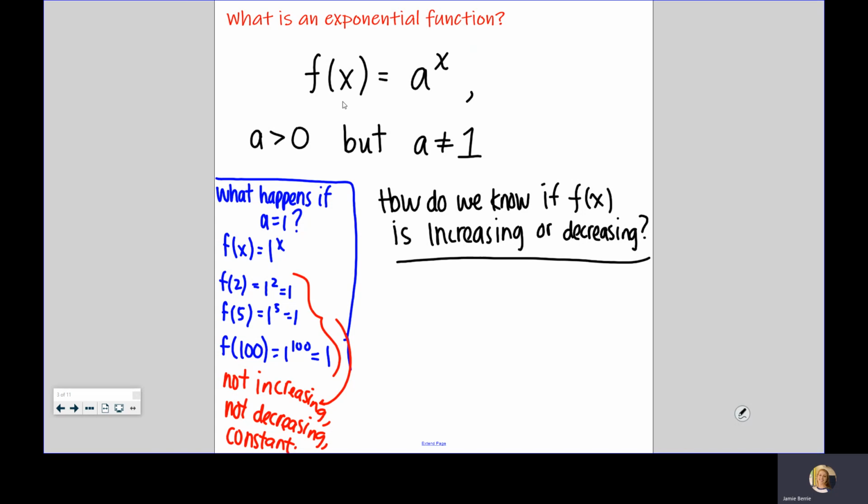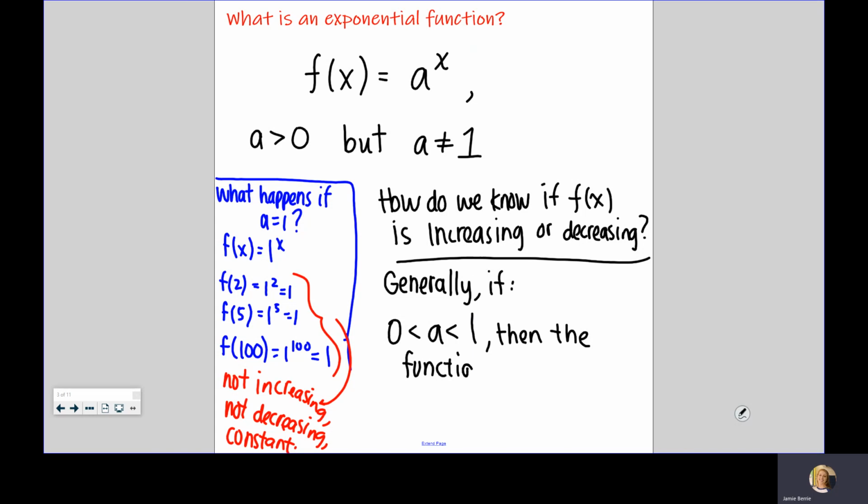All right, so we'll say generally, if a is between 0 and 1, so we'll write that using our inequalities. If a is between 0 and 1, then the function is decreasing.